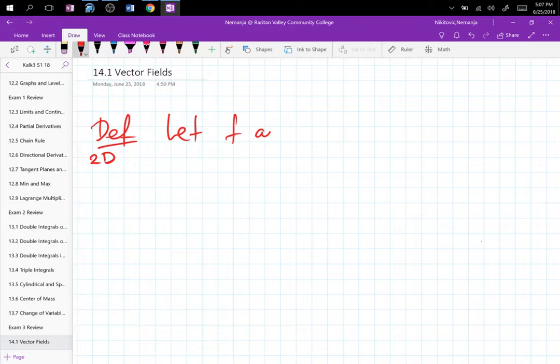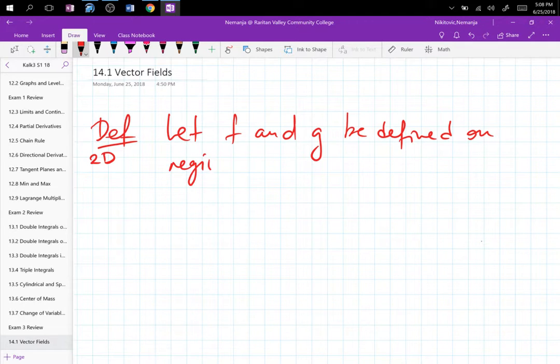So let f and g be defined on a region R of R2, a vector field.